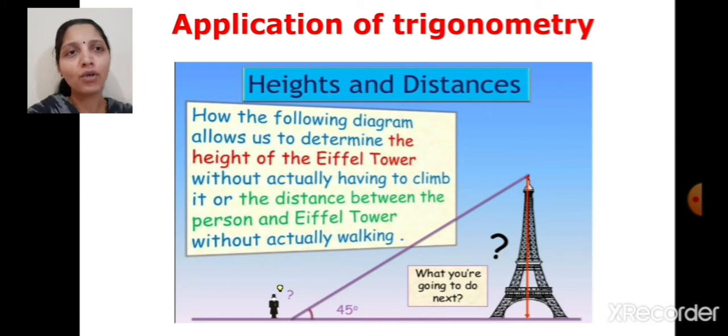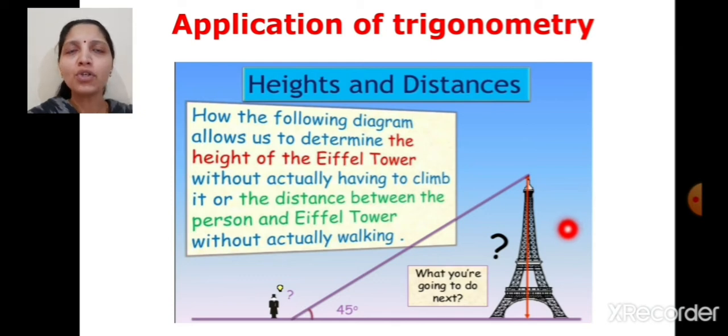Similarly, if you want to find the distance between a ship and the lighthouse or the width of any river, there also you cannot use direct measurement tools. So there you can apply the trigonometric ratios and you can find the width of the river or height of any tall object.